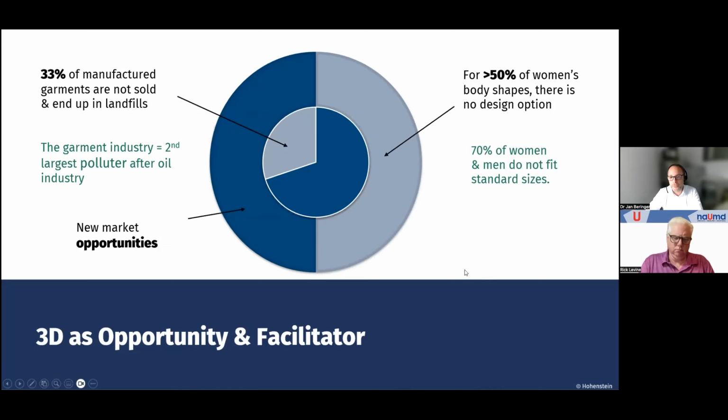If more than 50% of women don't find garments they like, it's a huge market opportunity, a 50% opportunity in the women's market. And with 33% being discarded in landfill, it's also an opportunity for sustainability.